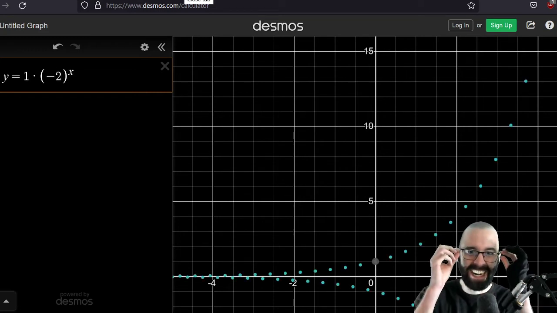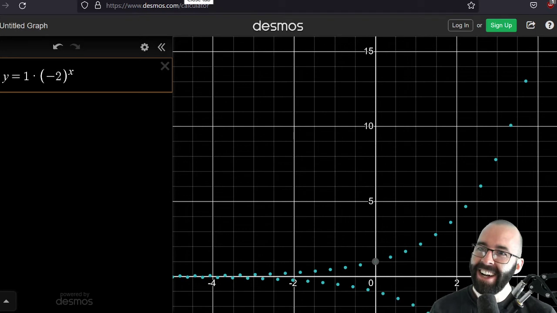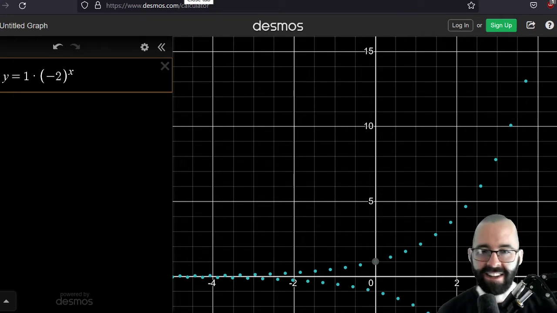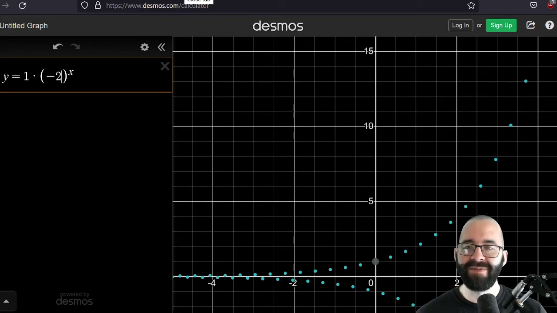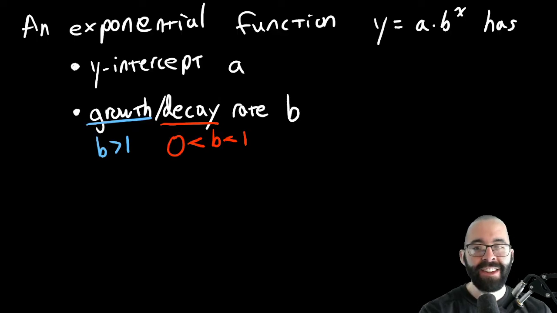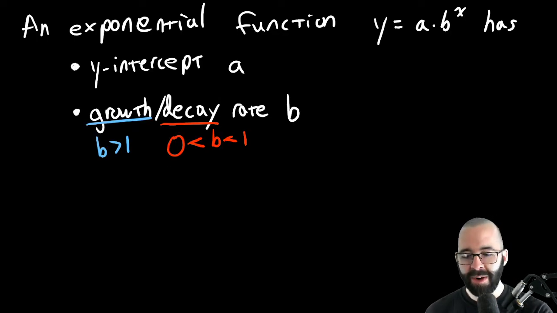Whoa! This is bananas. We're not going to worry about this real quick, but this is why we're saying that b can't be negative. Has to do with square roots of negatives not being real and stuff like that. But yeah, this is something funny to look at that we're not going to talk about. And that's why we're requiring that b is positive.